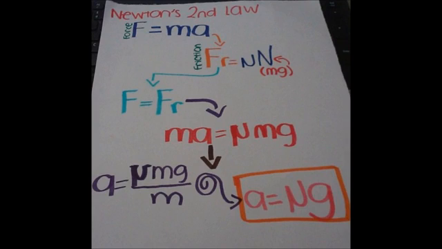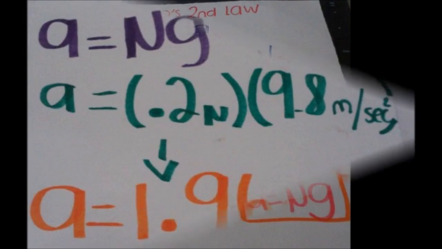Because we need to solve for acceleration, our equation will be acceleration equal to mu times mass times gravity over mass. Since we have mass in the numerator and the denominator, the masses will cancel, and our equation will be acceleration equal to mu times gravity.